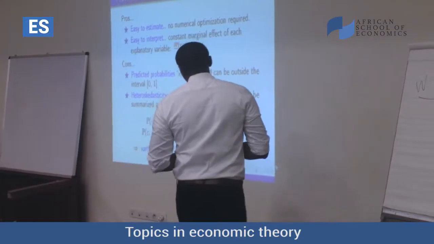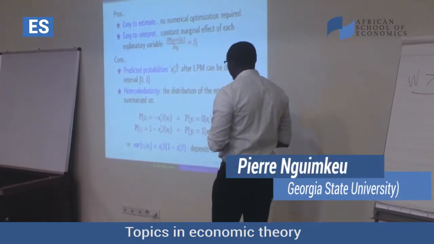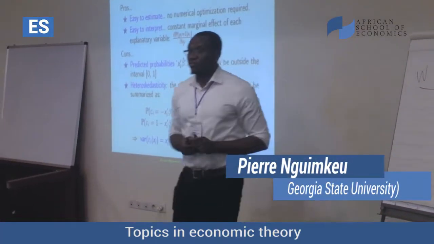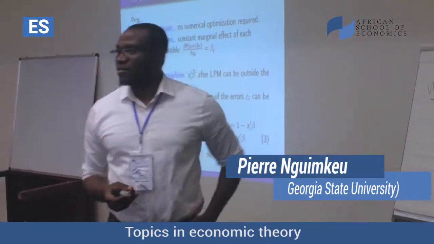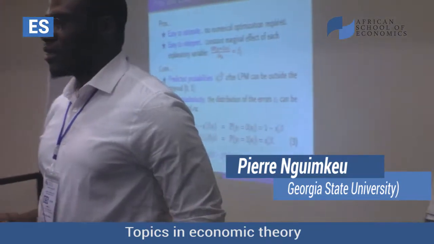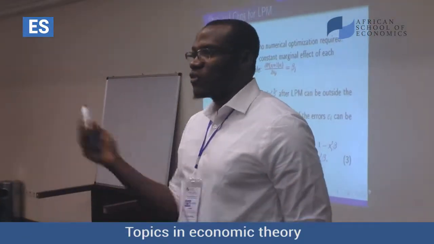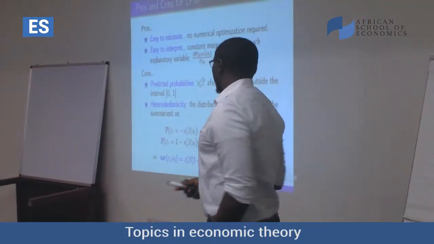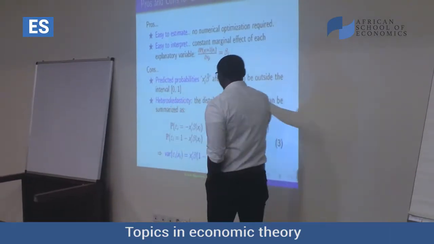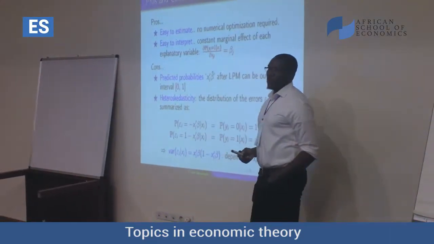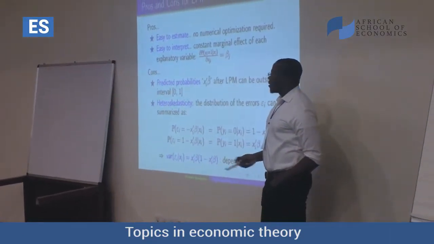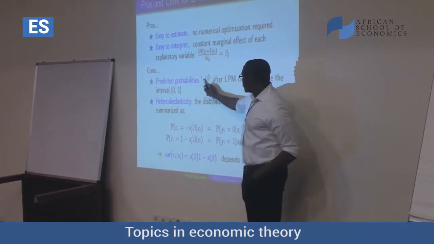But there are also some cons. The con is that the regression function turns out to be a probability. If it's a probability, then it has to satisfy the properties of a probability. First of all, it has to be fitted between 0 and 1. Turns out you cannot restrict this quantity between 0 and 1, right? Because you have no control on the x's.